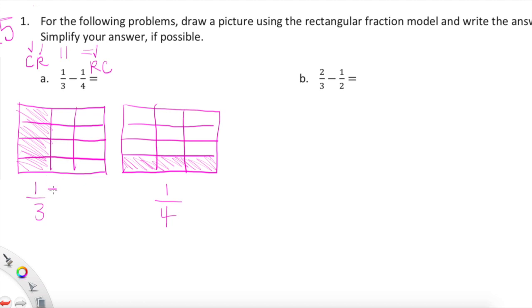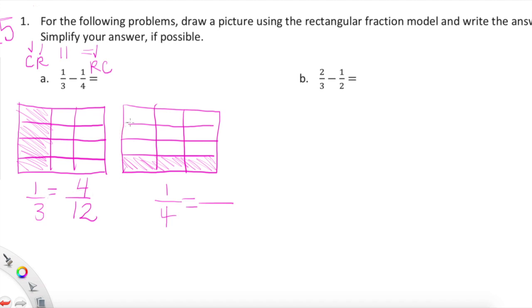What we've shown here, you guys, is our common denominator. Before we had 3 columns, now we have 3, 6, 9, 12 boxes. How many boxes are shaded out of our 12? 4. We've just shown that 1/3 is equal to 4/12.